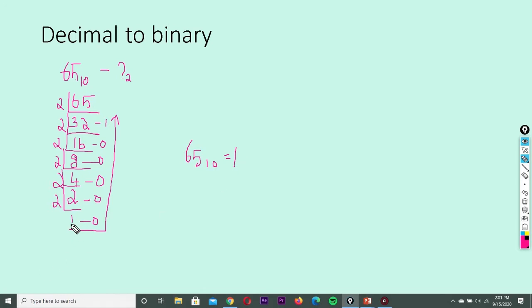We have to copy from the bottom, the last one, and start from here. So 1, then we have 5 zeros, and 1. This is the corresponding binary number for the given decimal number. This is how we have to write.